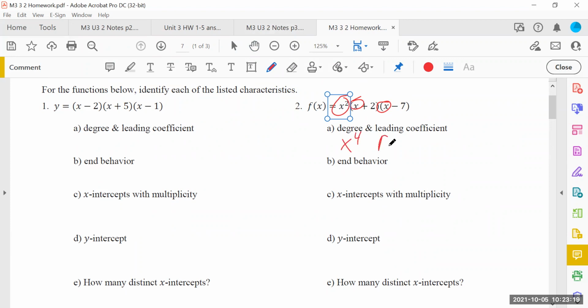So that means my degree is 4, which is even. And my leading coefficient is just 1, which is positive. Even positive means an end behavior of high, high. Does that make sense?